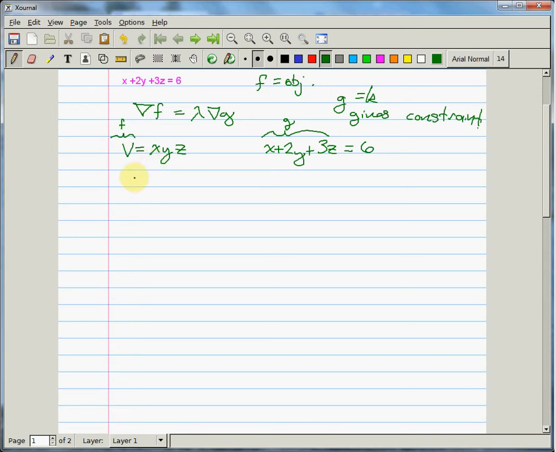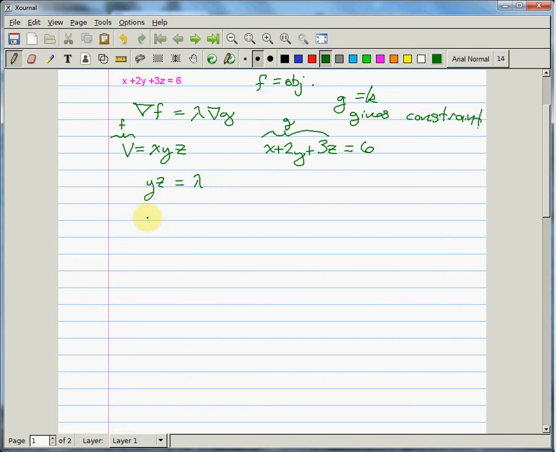So if I take the partial derivative of V with respect to x, I get yz. So yz is the first entry in the gradient of f, and so that's got to be equal to the first entry in the gradient of g, which is lambda times the partial derivative of this with respect to x, which is just 1, so yz is equal to lambda.